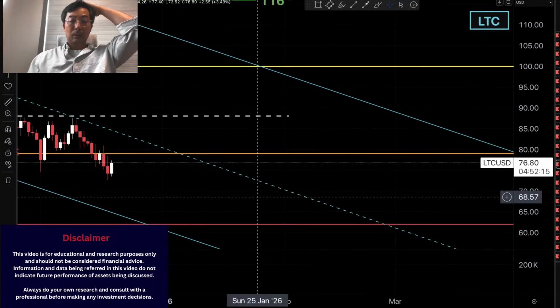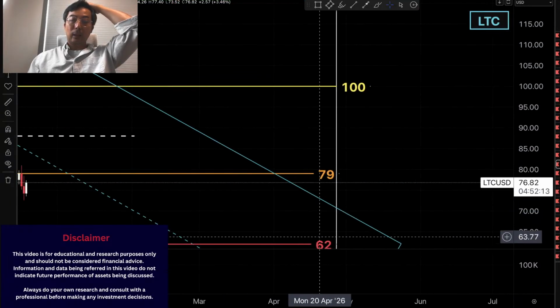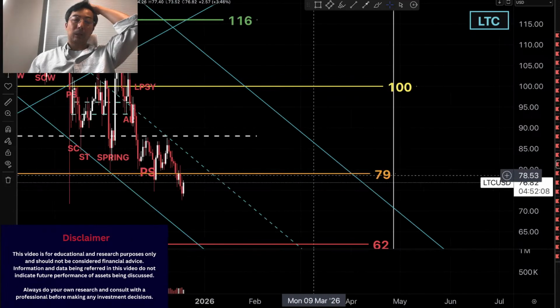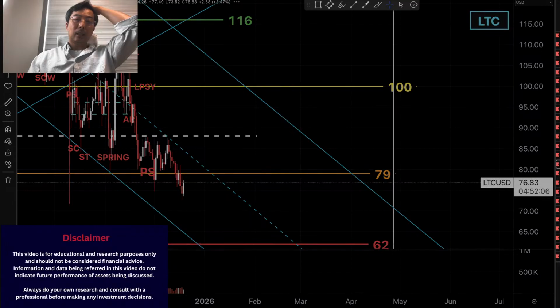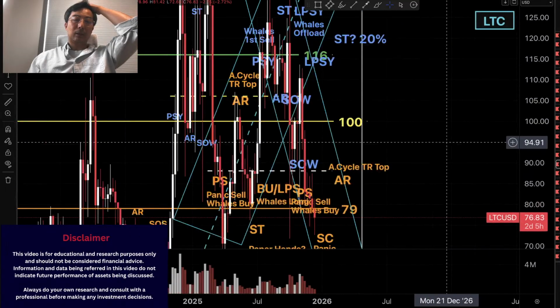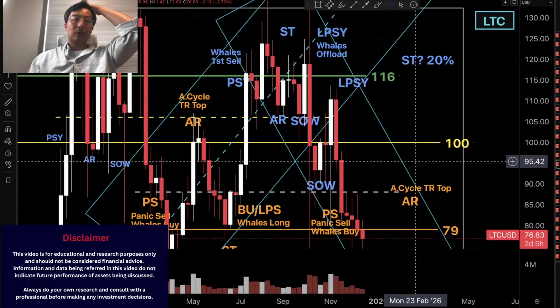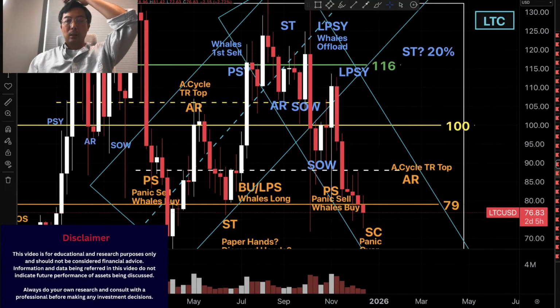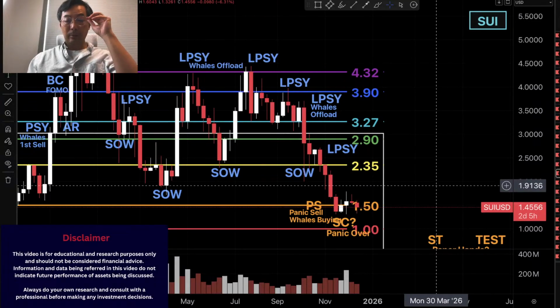And by then we don't need to wait till like May. Probably it's going to confirm the trend by end of March. Just that getting above the 100 key level is going to be a challenge unless the entire macro environment is improving.